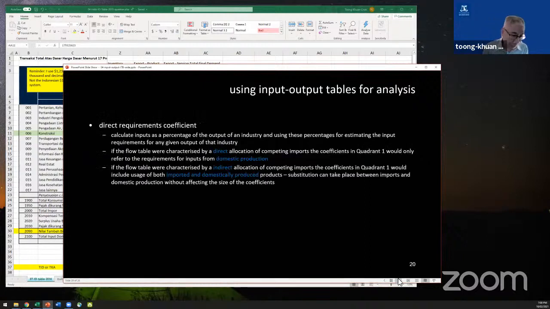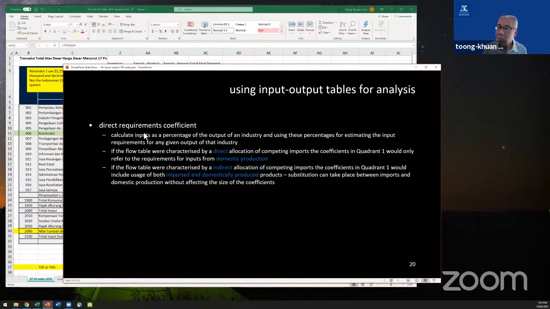Now, it's not very useful if we were to look at it from a rupiah value. So it is easier if we convert all that to direct requirements coefficient. We change all those numbers to ratio, all right?